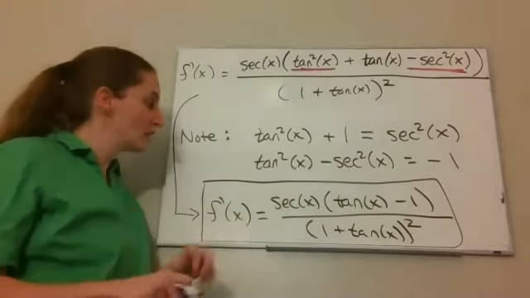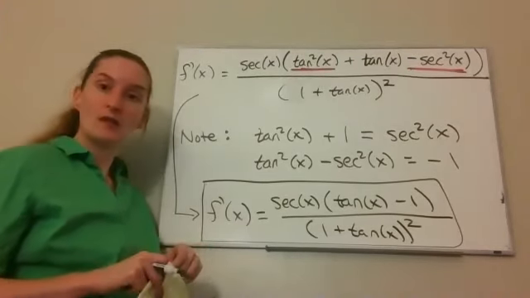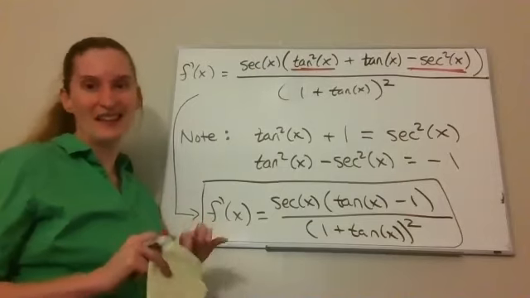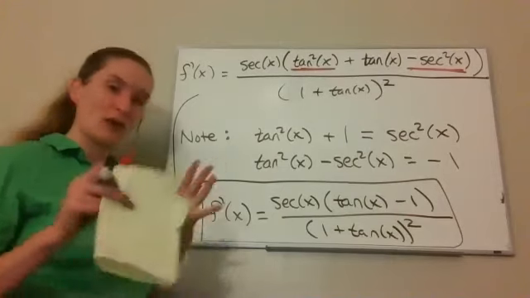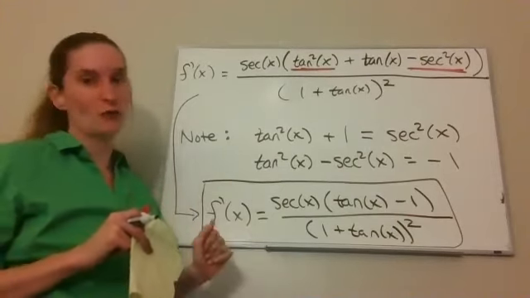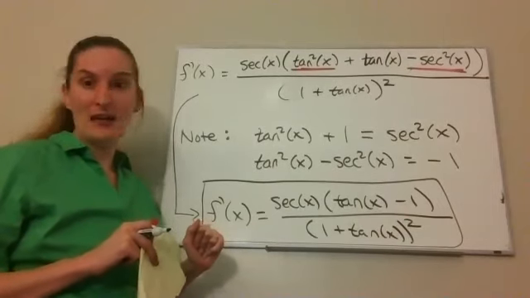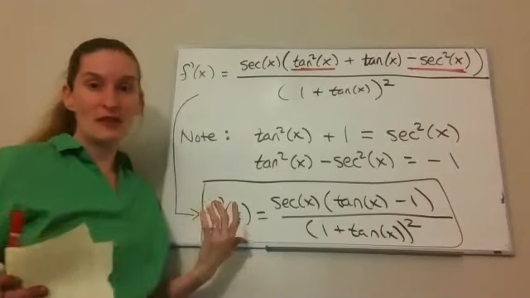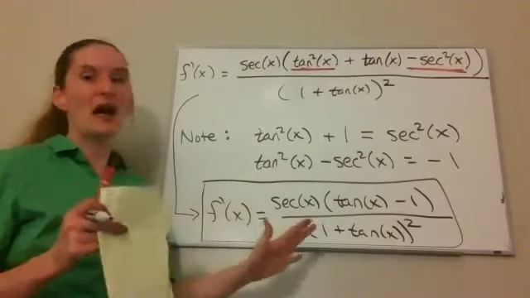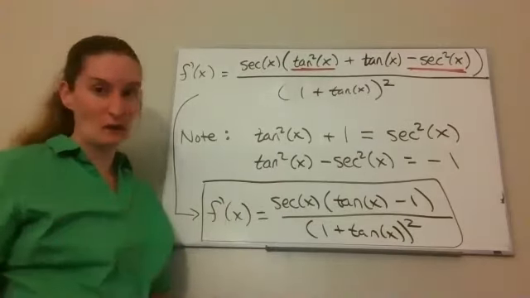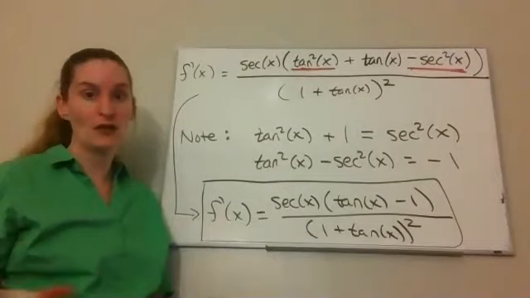I personally don't require my students to simplify their answers unless I say it in the direction. So those of you who are currently in my class, if you have a quotient rule problem on an exam and I don't say simplify, you can leave it right after you do that low d high minus high d low business and just stop and put a box around it and you're finished.